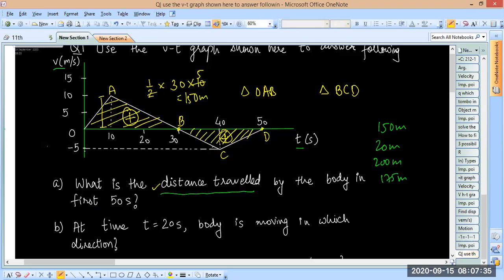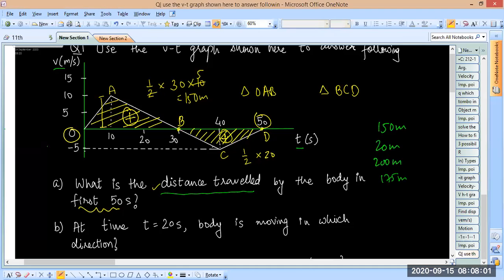But we have to find it for the first 50 seconds, from 0 seconds to 50 seconds. So that would be from B to D again. Now B to D, that area is half into base, that is 20, right?